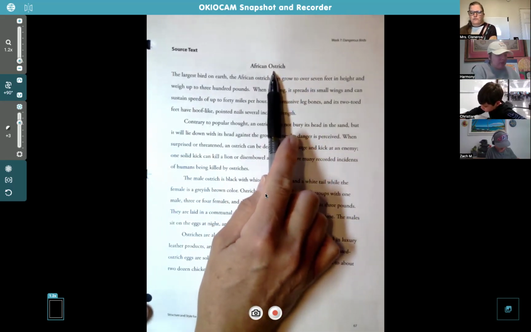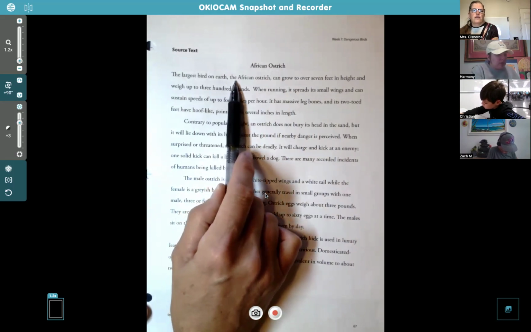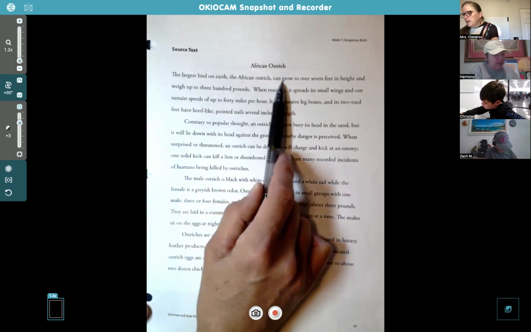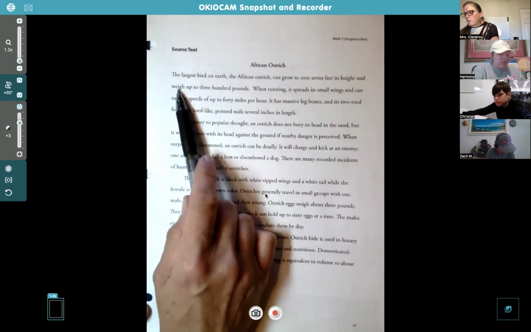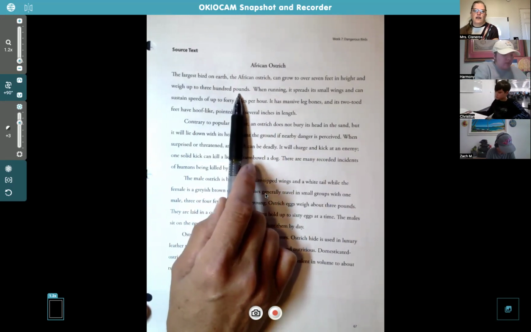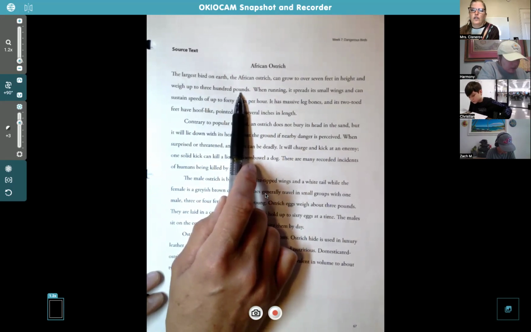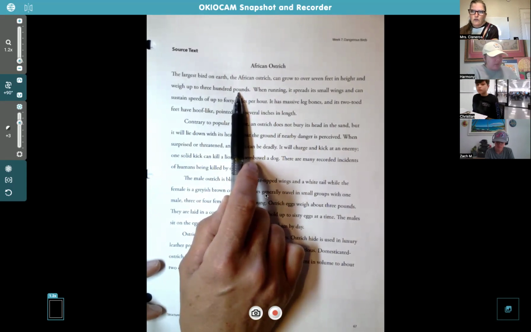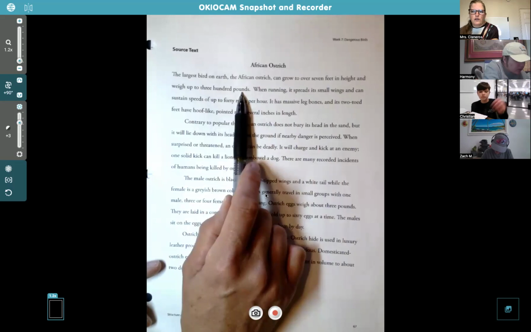African ostrich. The largest bird on earth, the African ostrich, can grow to over 7 feet in height and weigh up to 300 pounds. That's incredible, right? I don't even know anybody that's 7 feet tall, but I know they exist. There's people who play basketball and stuff. I don't think I know any 300-pound basketball players, but there probably are some football players.